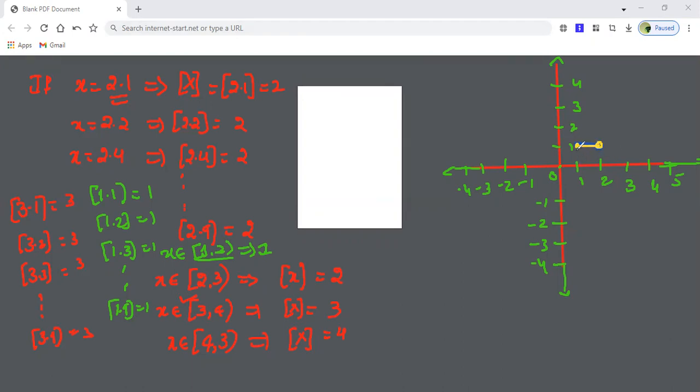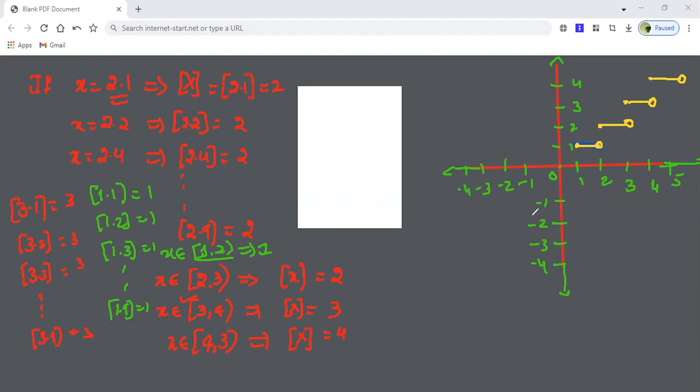Between 2 and 3, 2 is included but 3 will not be included. Similarly, between 3 and 4, 3 is included but 4 won't be. Similarly, from 4 to 5, 4 is included but 5 won't be.